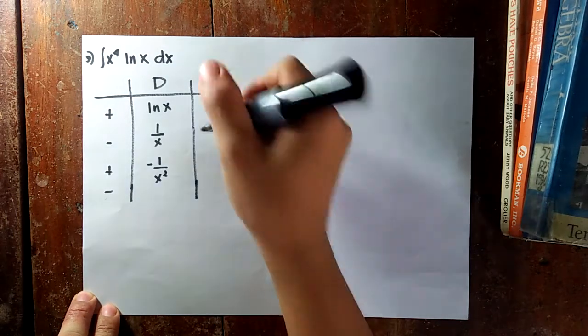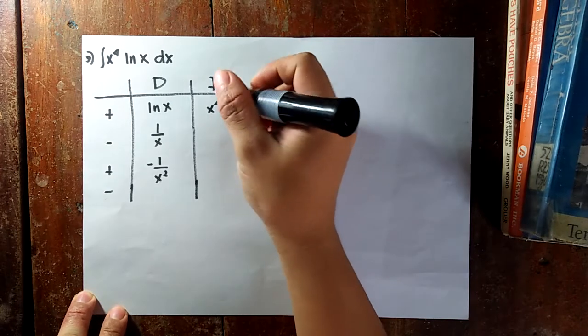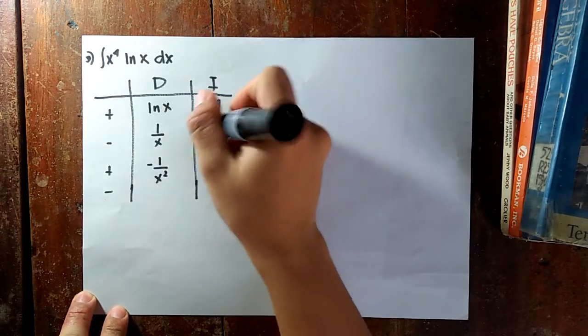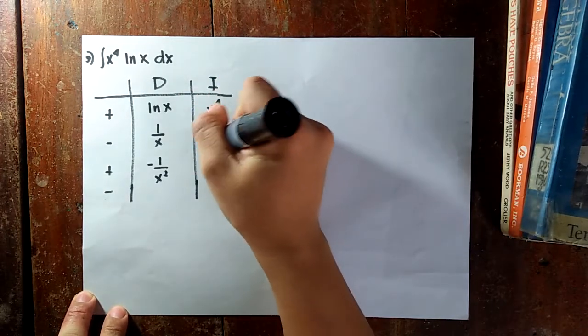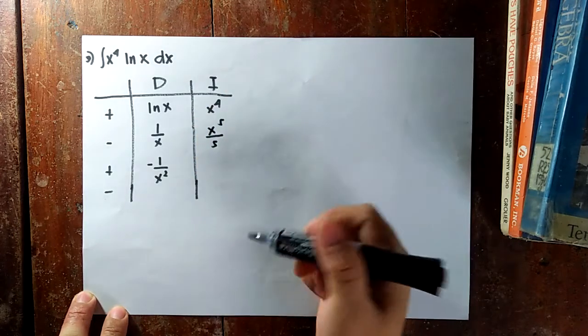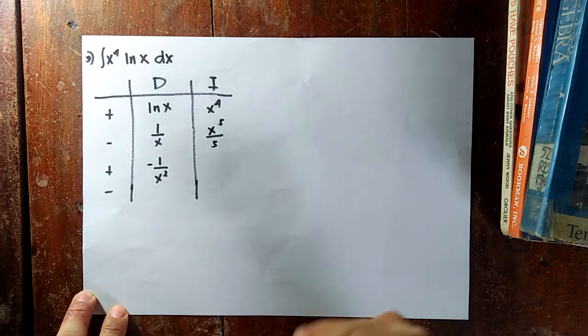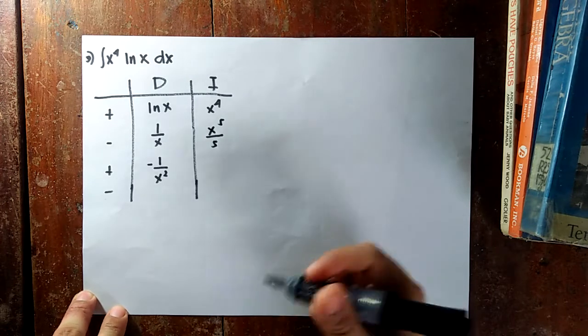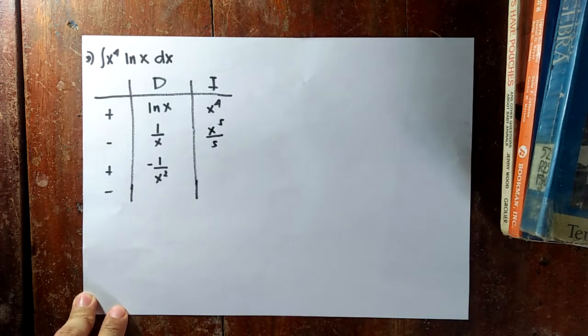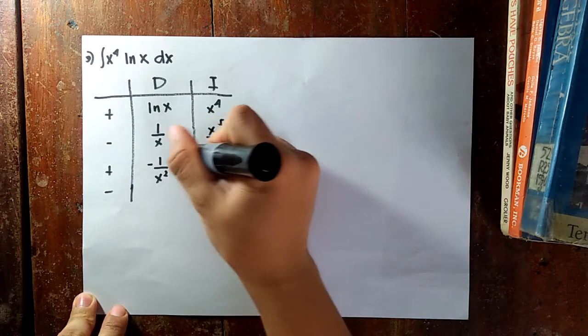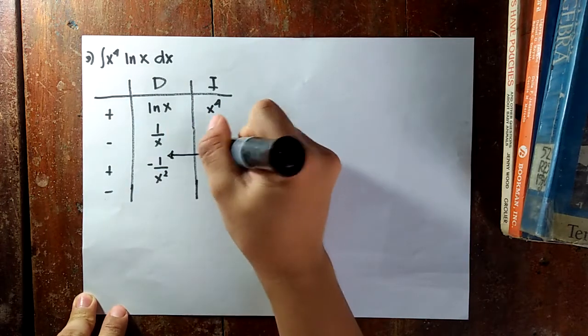So let's move on to integration. If we integrate x to the fourth, the answer would be x to the fifth all over 5. Since this is going nowhere again, let us integrate it to the left side.